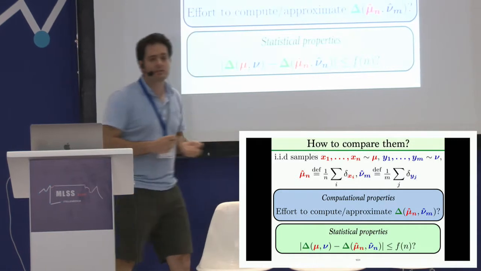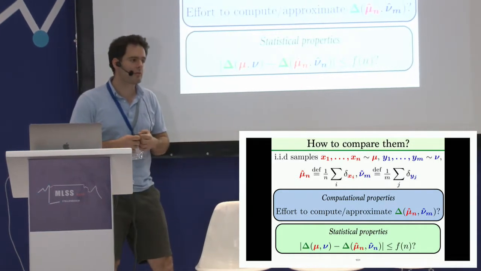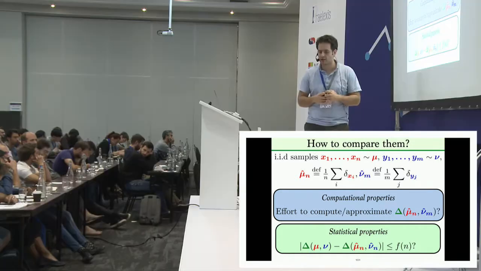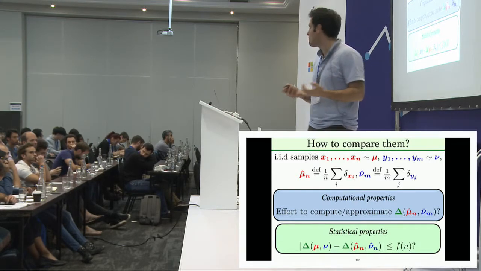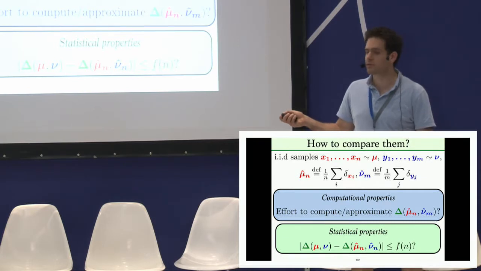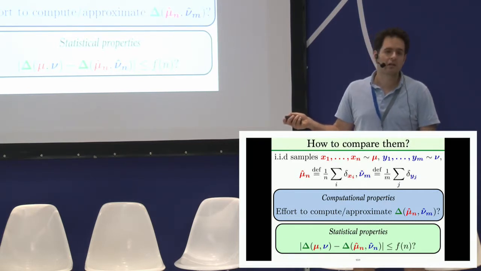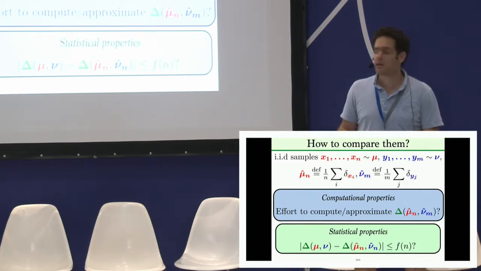Then there's the other thing, which is statistical properties. If you've read the literature recently, it's all about this idea that when you compare two samples, if you are very far from what you would get by comparing the two densities, if you had the densities, then this divergence is maybe not that useful.